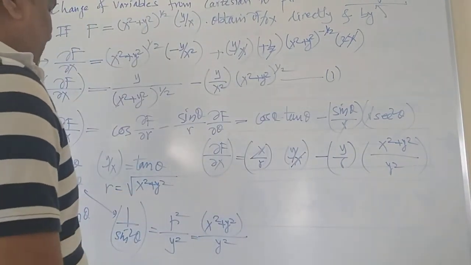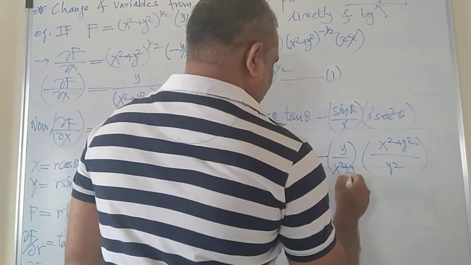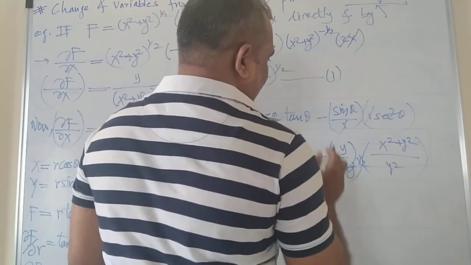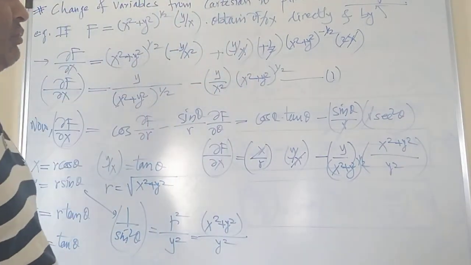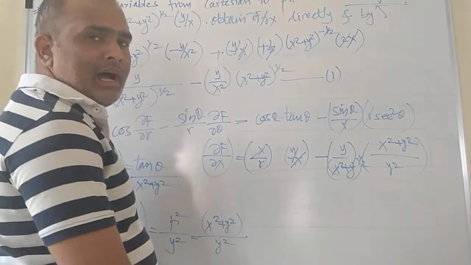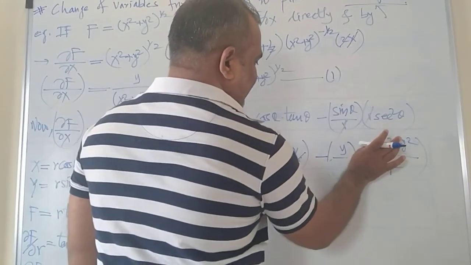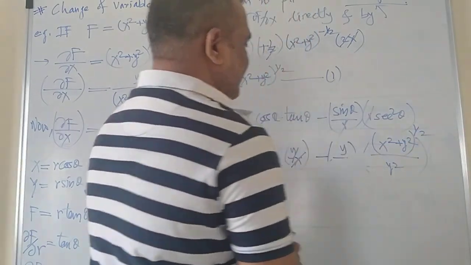Now put the value of r. R is nothing but x square plus y square raised to power half. Of course, this will go to the numerator and will become x square plus y square raised to power 1 minus half. 1 minus half is half, no? So I need not write it, and here you must write half only.